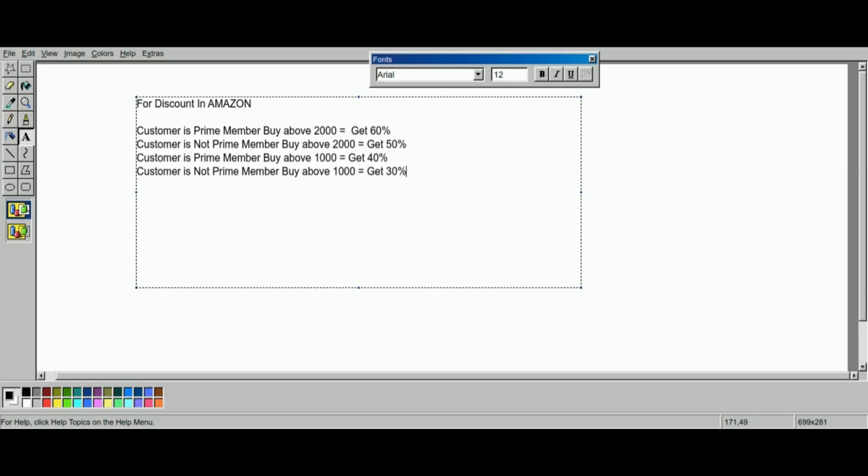Follow it as a tester. Customer is a prime member, above 2000 gets 60% discount. Customer is not a prime member, above 2000 gets 50% discount. Customer is a prime member, above 1000 gets 40% discount, and customer is not a prime member, above 1000 gets 30% discount.